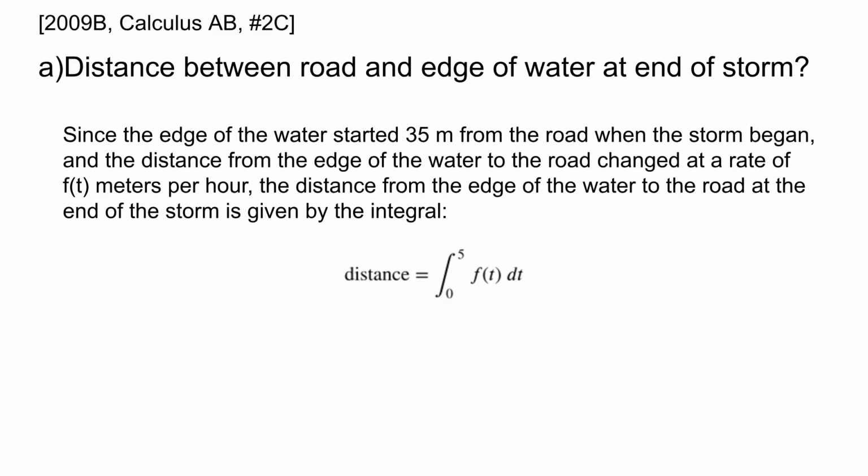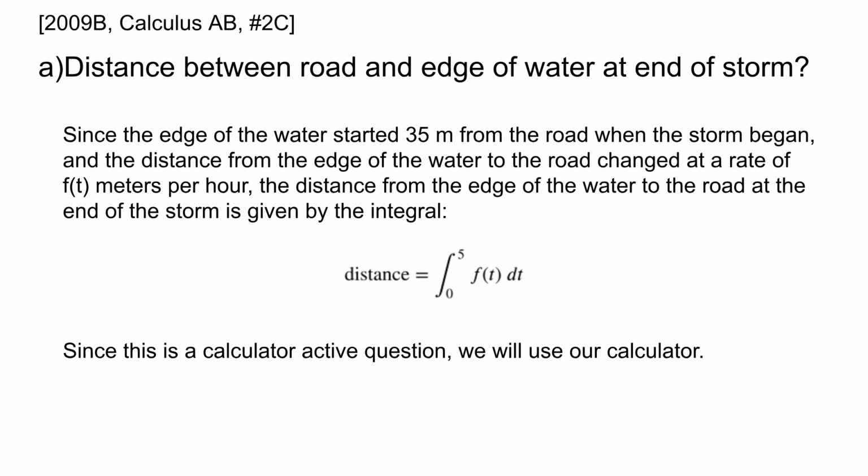Now, since the edge of the water started 35 meters from the road when the storm began, and the distance from the edge of the water to the road changed at a rate which was given to us in the stem as f of t meters per hour, the distance from the edge of the water to the road at the end of the storm is given by an integral expression. That distance is the integral from 0 to 5 of f of t dt.